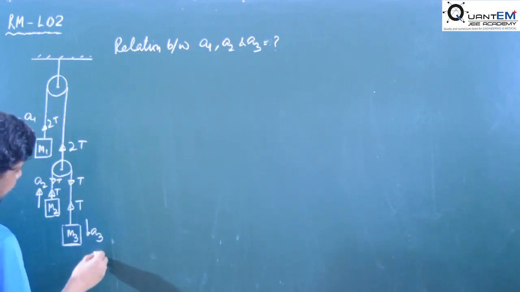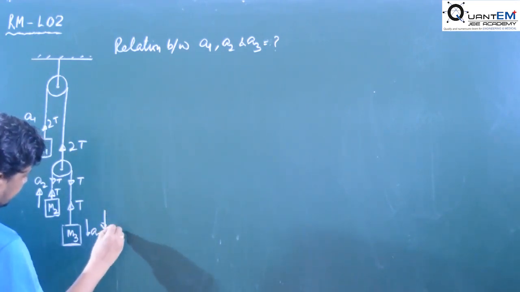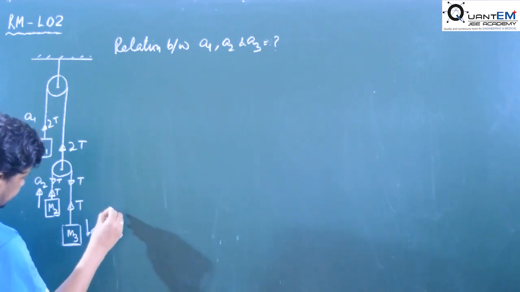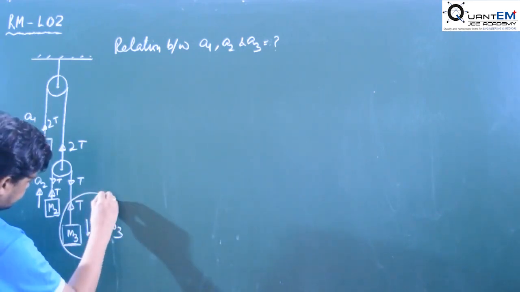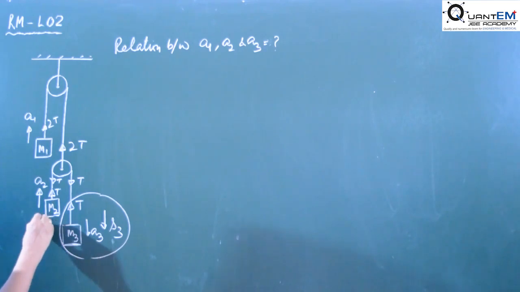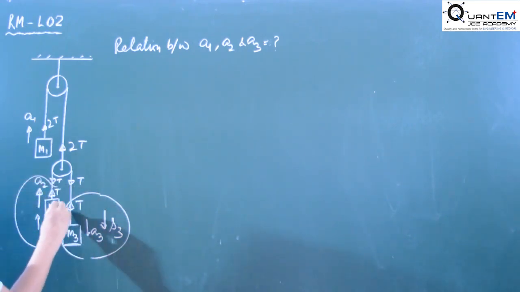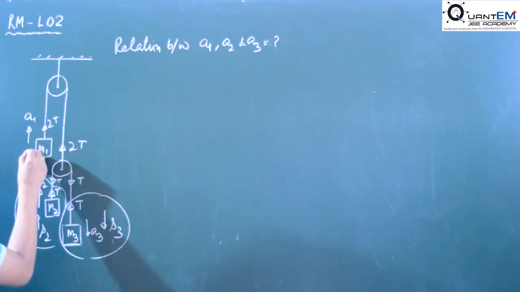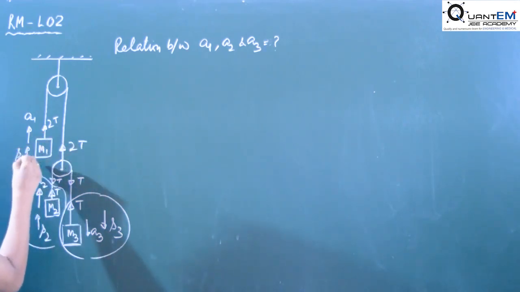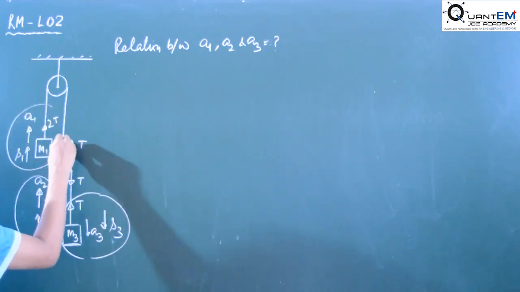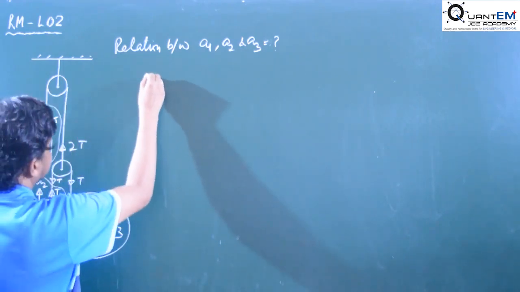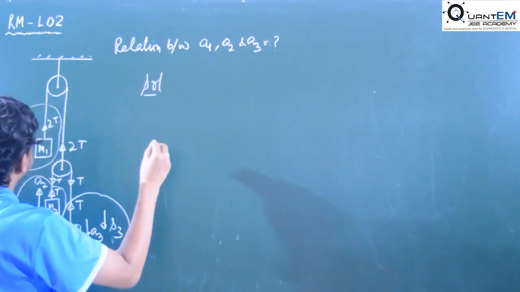Suppose the displacement for this mass is s3, for this mass the displacement is s2, and for this mass the displacement is s1.